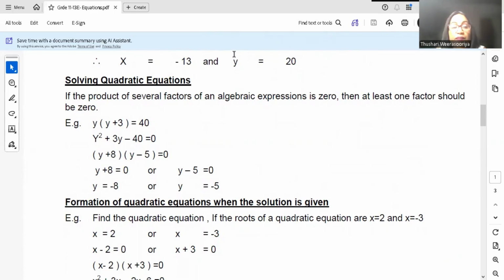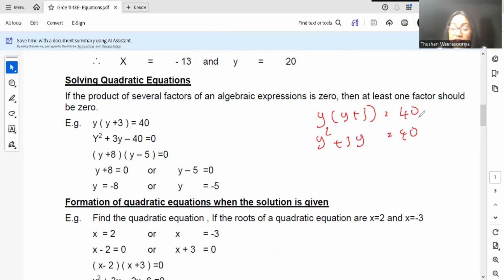Now, look at this example. y plus 3 equals 40. You remove the brackets. y squared plus 3y equals 40.